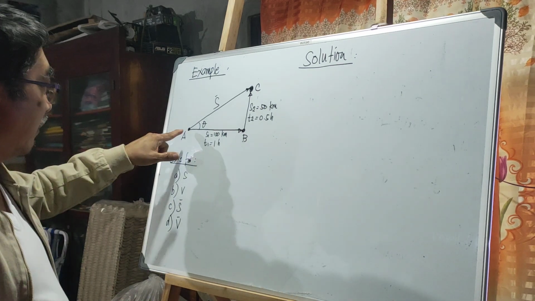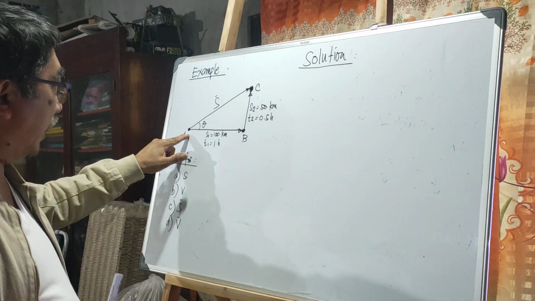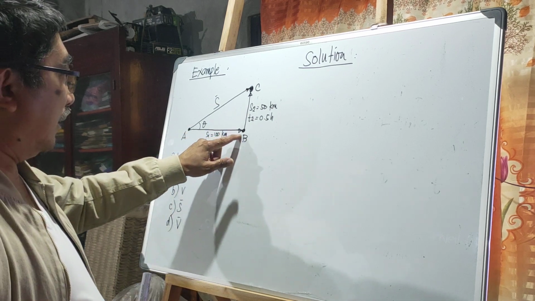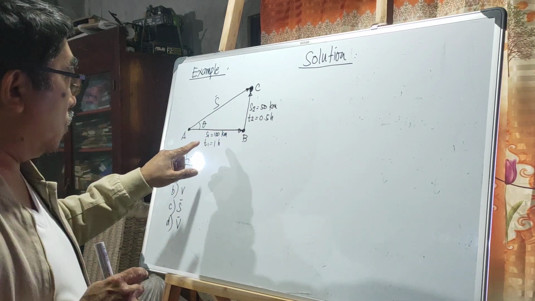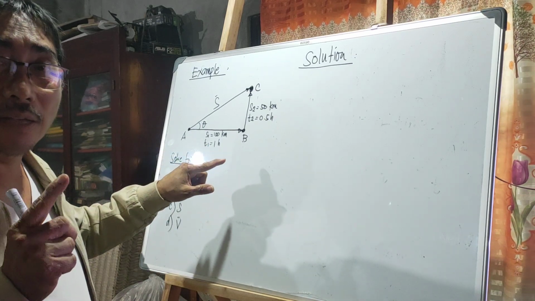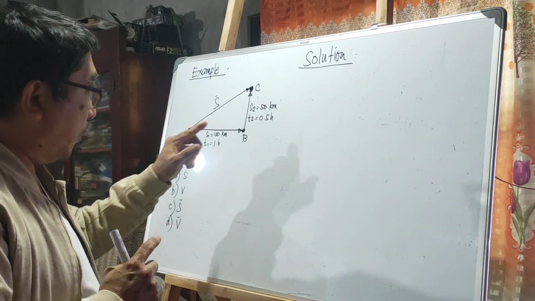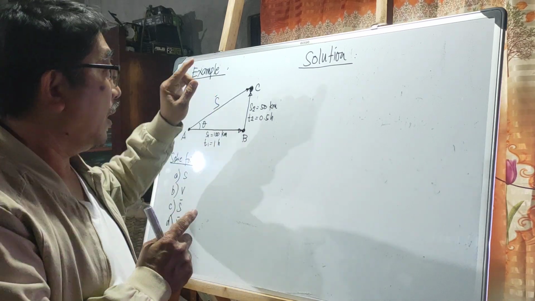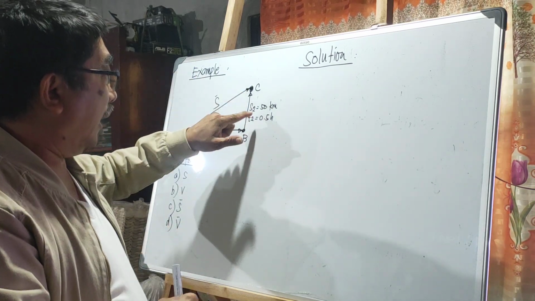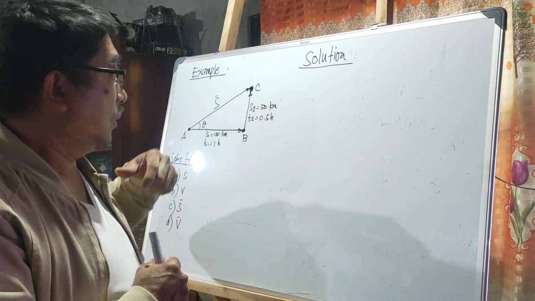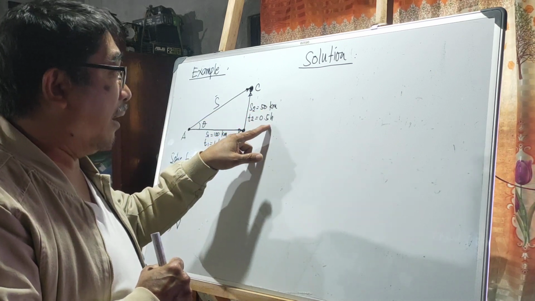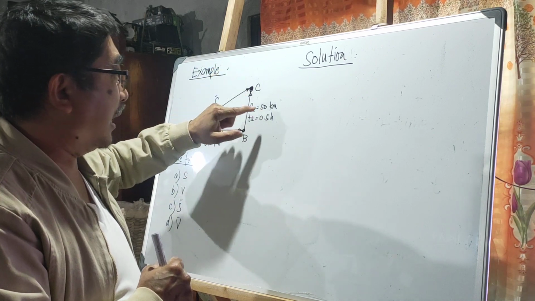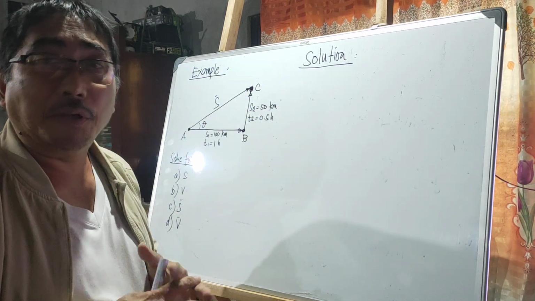So, you are driving a car from point A to point B. Ang distance ay 100 kilometers and it took you 1 hour to travel that distance. Then, from point B, nag-change ka ng direction towards north, papunta dun sa point C, and it took you 0.5 hour or 30 minutes to travel that B to C distance equivalent to 50 kilometers.